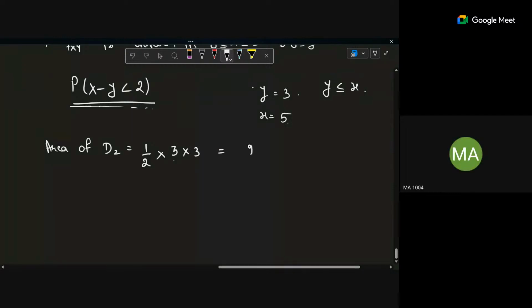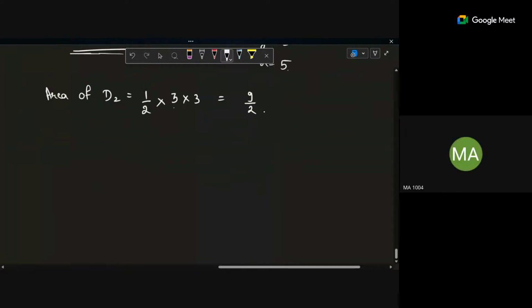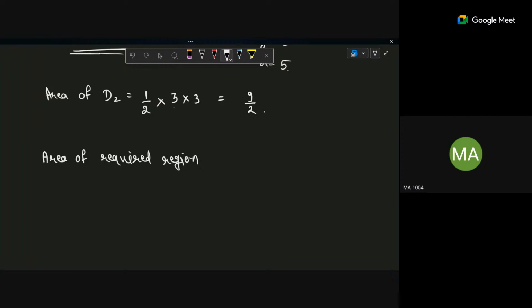Okay. 9/2. But we want area of D1, right? Because our required area is, or I would say it a required area. Is it fine? Area of required region, or say it D1.